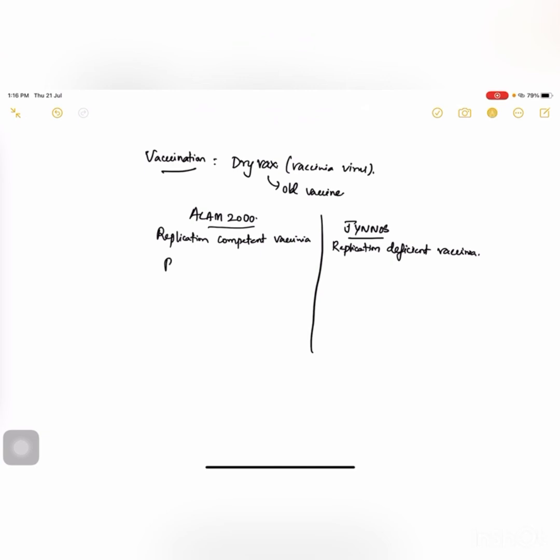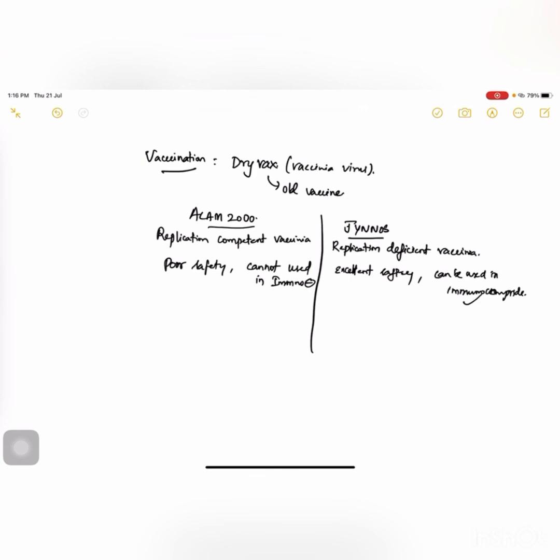ACAM 2000 has poor safety profile, cannot be used in immunocompromised patients, whereas Jynneos vaccine has excellent safety profile and it can be used in immunocompromised. In immunocompromised also, Jynneos vaccine can be useful.